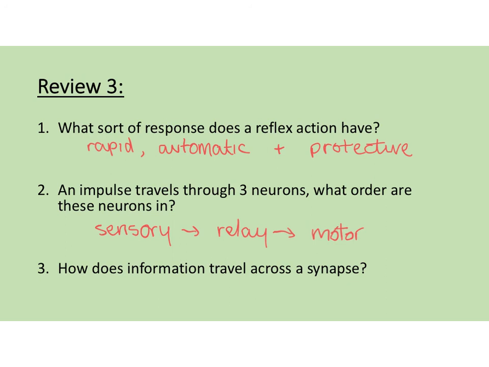Okay, so that's the order: sensory neuron to relay neuron to motor neuron. And finally, number 3, how does information travel across a synapse? Diffuses via neurotransmitter. Okay, so give yourself a mark out of 3 for this review, and then we'll move on.